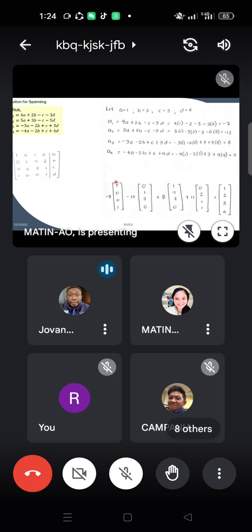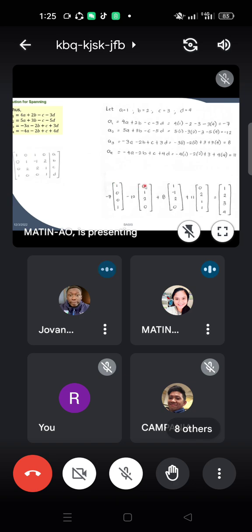Now, you form a linear combination using those scalars, di ba? Multiply the first by A1, the second by A2, which is negative 12, the third by A3, and then this one by A4, which is 11.